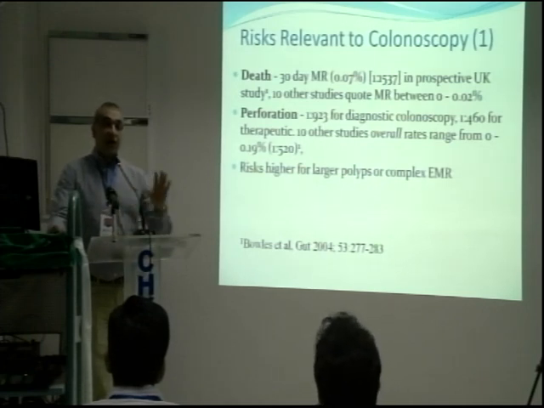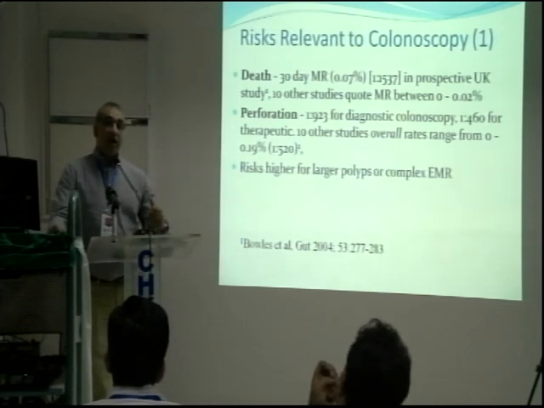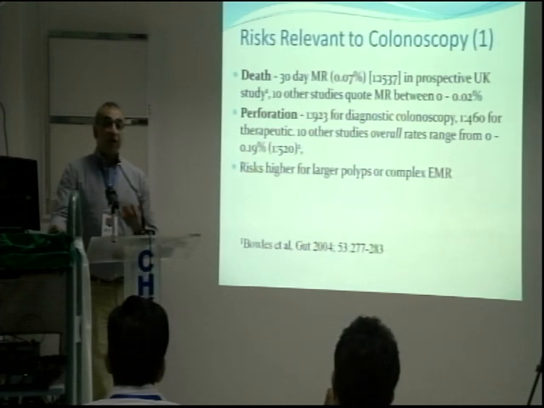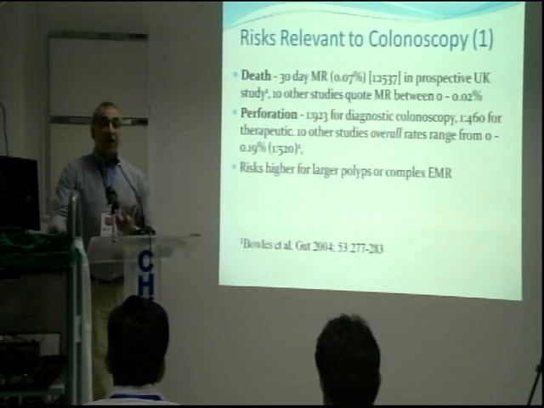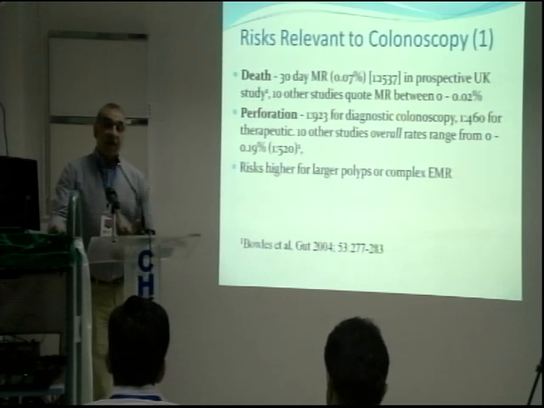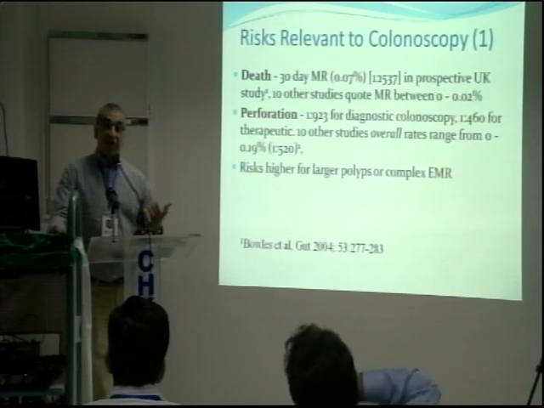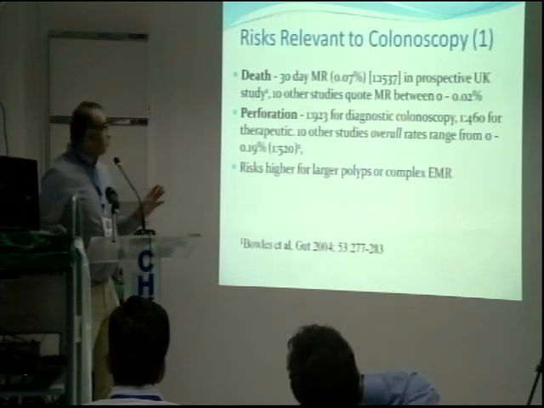That is for a random set of patients. However, if you are looking at a more selected group, like if you are doing an EMR or taking a big polyp out or carrying out a procedure in a patient with ulcerative colitis, then the risk is much higher. It can be as high as 1 in 250 or 1 in 100, especially with large EMRs, right? So it depends on the scenario as well.